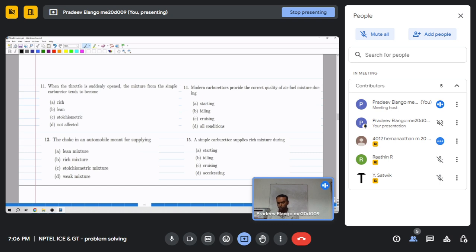When the throttle is suddenly opened, the mixture from the simple carburetor tends to become rich, lean, stoichiometric, or not affected? Because our input is high. Input air.